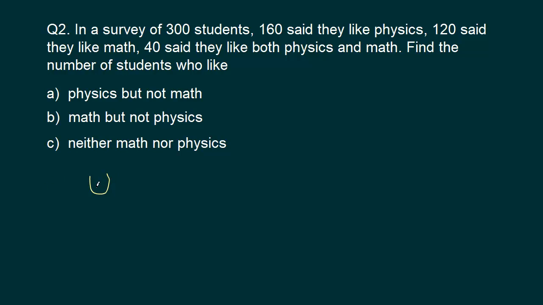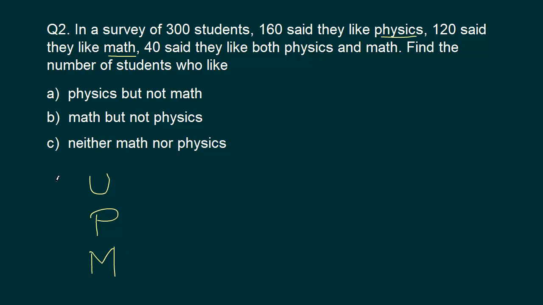Similarly, we have students who like physics. Let us assume uppercase P represents the set of students who like physics, and then we have math. So uppercase M represents the set of students who like math.